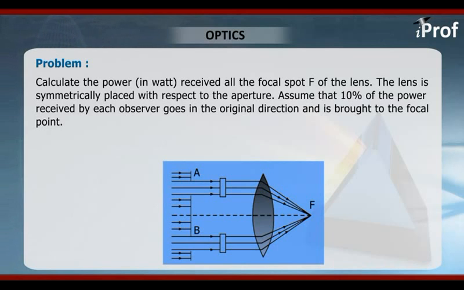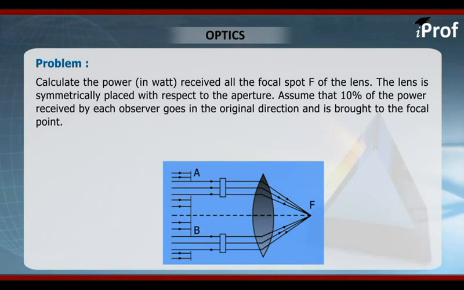The lens is symmetrically placed with respect to the apertures. Assume that 10% of the power received by each aperture goes in the original direction and it is brought to the focal point. Now this is an interesting problem, and it is not a straightforward problem.